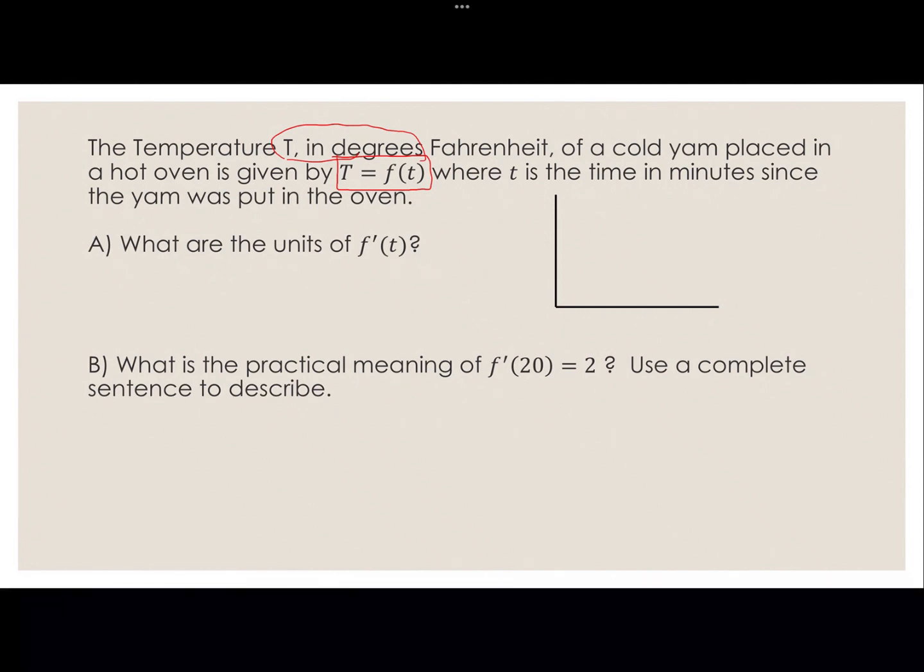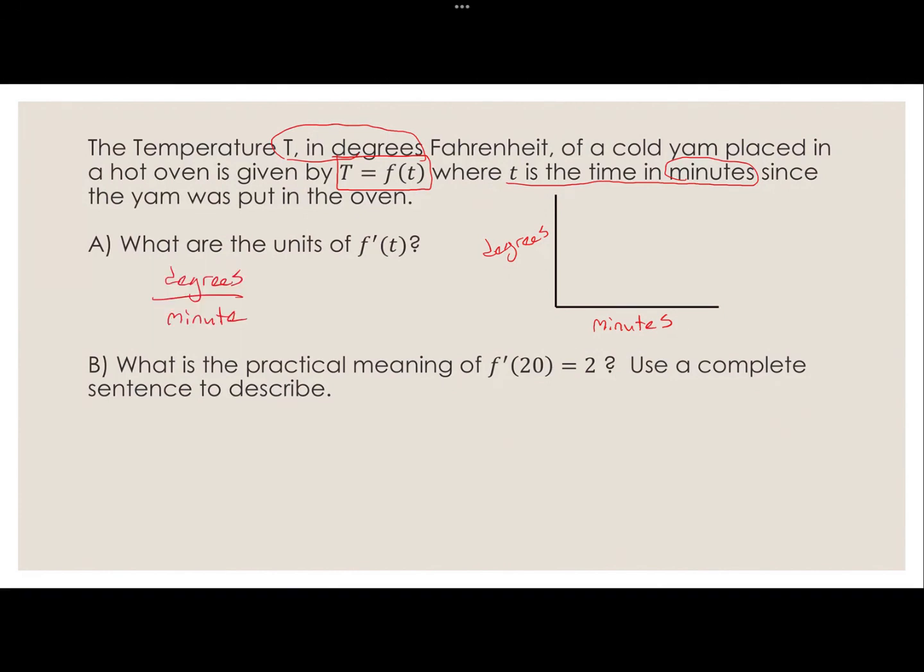Little t is the x-axis, so we'll put that on the horizontal axis, and big T is along the y-axis, so we'll put that on the vertical axis. And I'm writing in the units: degrees for big T and minutes for little t. What are the units of f prime of t? Well, that would be degrees per minute.